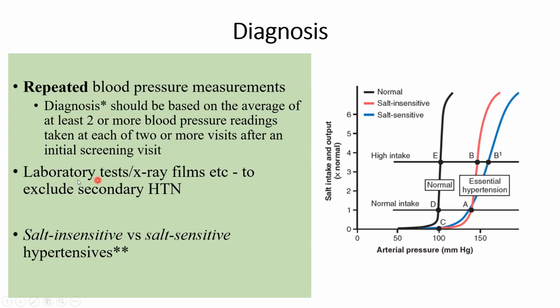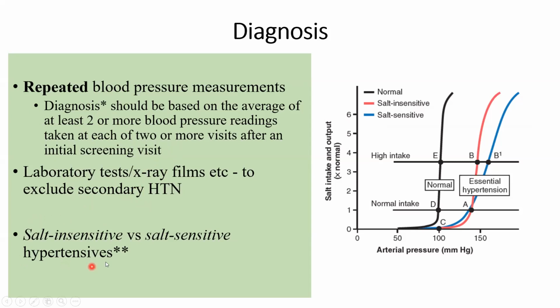And then you have all sorts of lab tests, x-rays, etc., to exclude any secondary cause. We're obviously discussing essential hypertension, which doesn't have a cause or probable cause. How do you arrive at that? When you exclude all the secondary causes, then you label this person as an essential hypertensive patient.